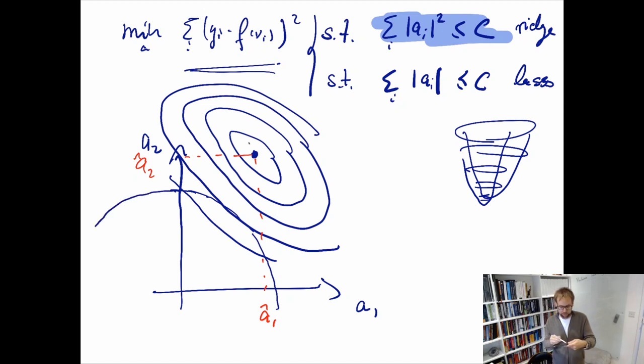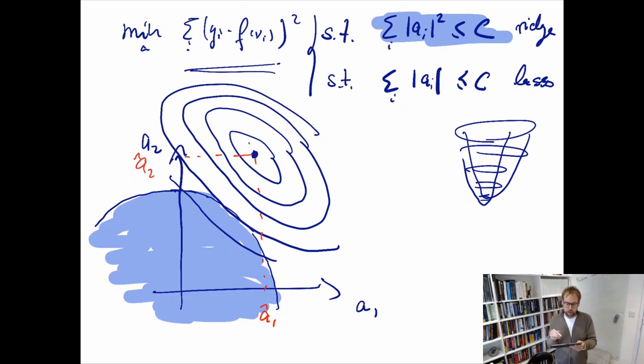So this region here I'm drawing would be the region where the sum over ai squared, which I called the L2 norm, is less than or equal to c. So c would just be the radius squared of this circle here.